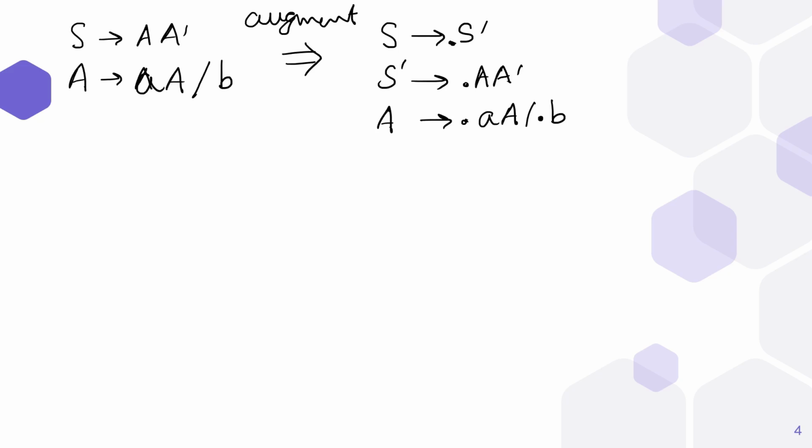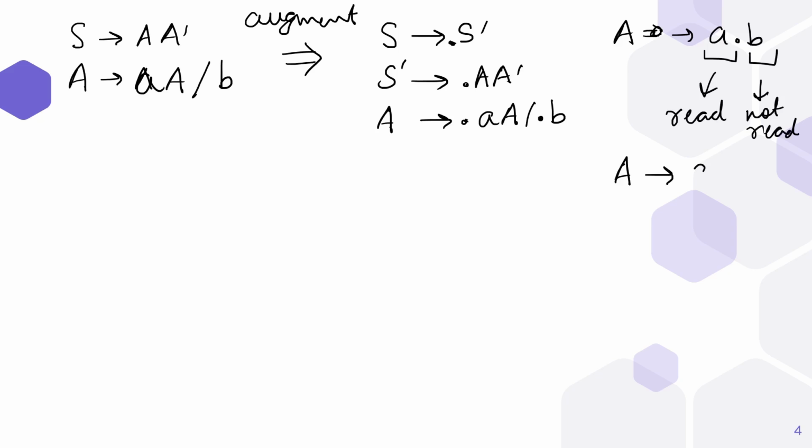Say for example, A dot B. Here it means that A has been read successfully and B is not read. If I say AB dot, it means that both A and B have been read.